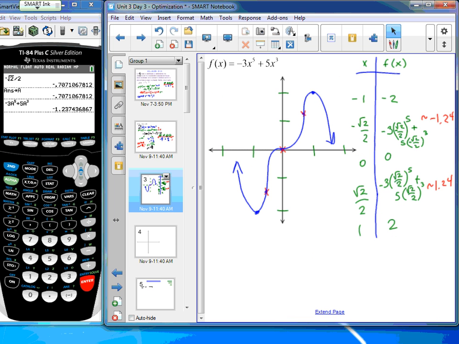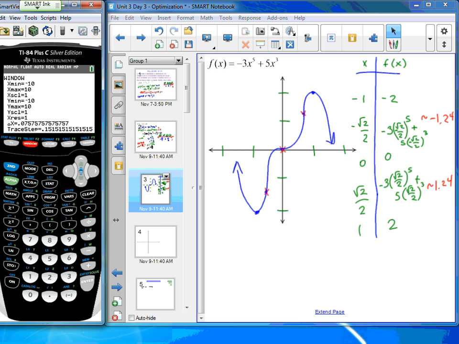Let's go ahead and do a similar window. So what do we do? I went negative 2 1/4, 2 1/4. All right, so what do we want? We want negative 3x to the 5th plus 5x cubed.